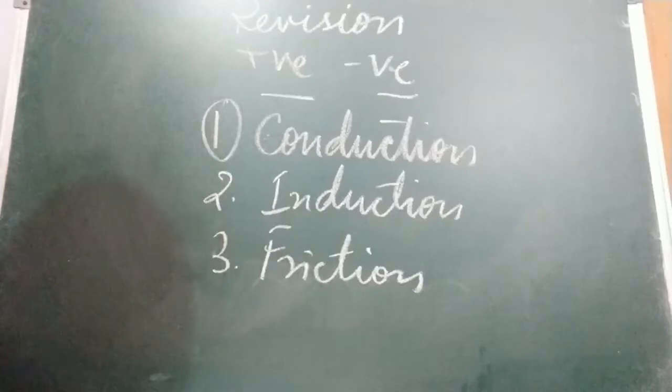Now, how can we find out whether a body is charged or not? By a device called an electroscope. An electroscope is a device to detect, measure and find out the nature of charges.